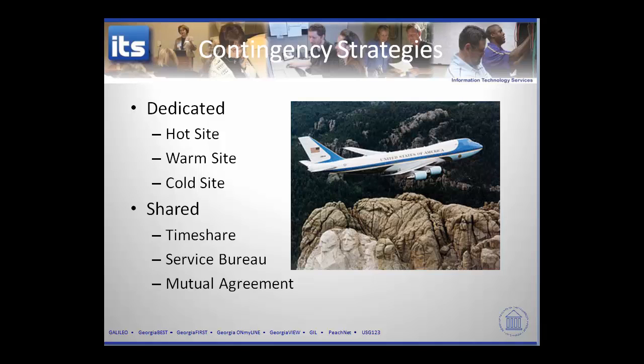So here are your contingency strategies. First of all, you have the opportunity to have dedicated sites. So you could have a site that is hot. And what I mean by hot is that means you've got a second data center, and if your first data center goes down, that second data center immediately has everything already in place, already has the applications installed and up to date, already has the data there, so that your hot site can go live.